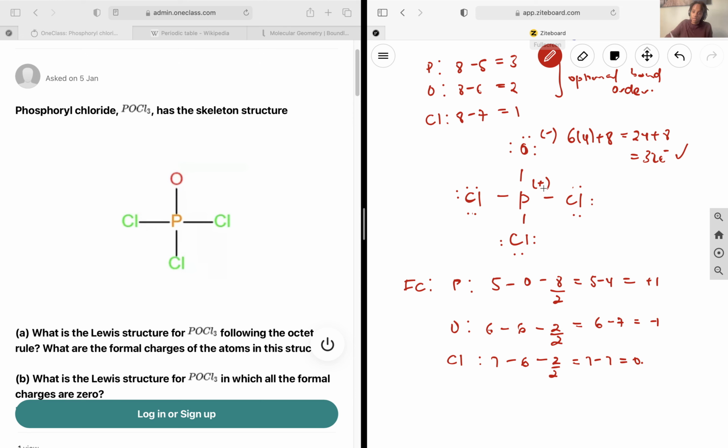And so we can do that if we make the decision to cancel out one pair of electrons here and actually cause a double bond. Now, this would imply that phosphorus has more than the usual 8 for an octet, but this is going to be allowed because phosphorus can form an overfilled octet using the fact that it has d orbitals somewhere close to it, according to the periodic table.